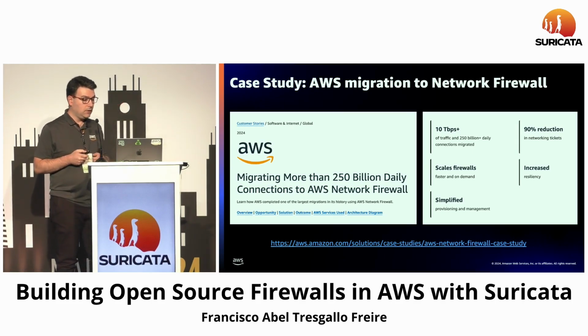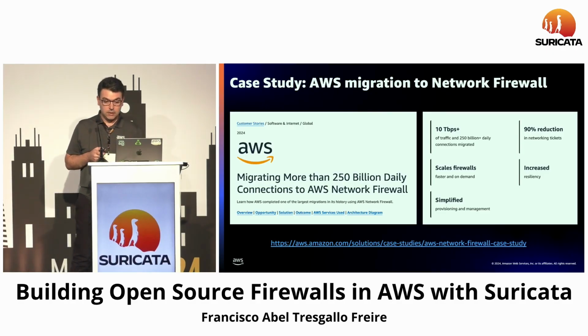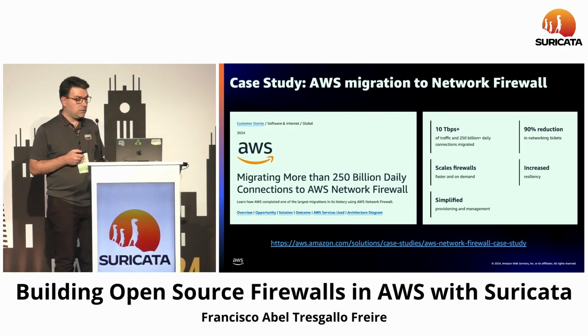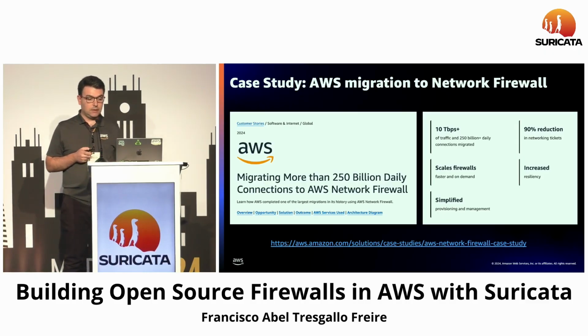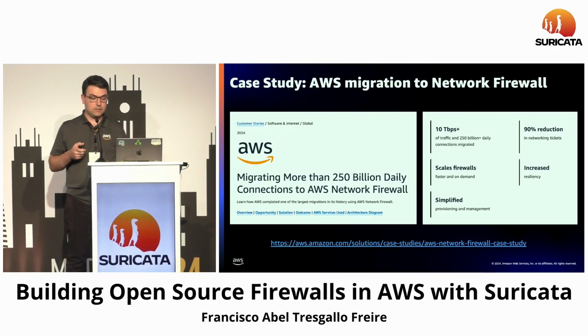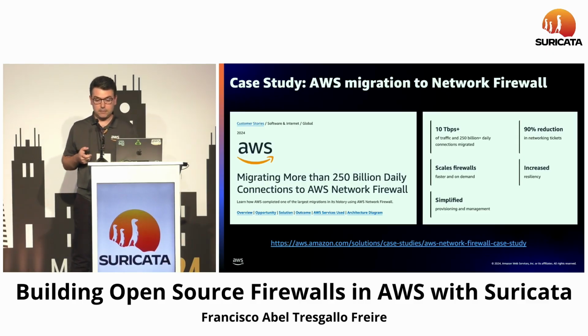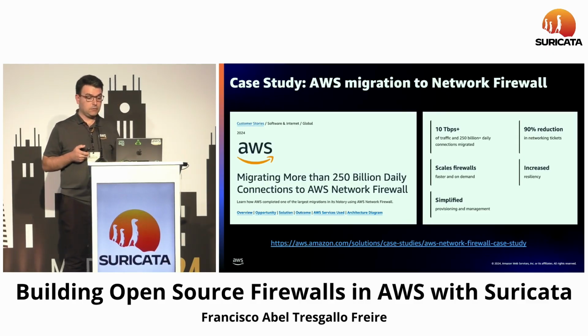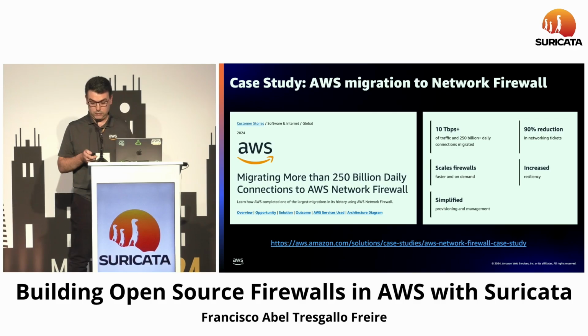You can see the figures there, 250 billion daily connections. And this is an interesting case note to take a look, because we were able to improve the efficiency, be more scalable in the sense of attending increases on the traffic demand, be more resilient, and also reducing the networking ticket overhead with managing all the other solutions.